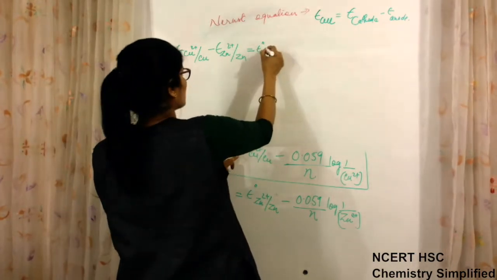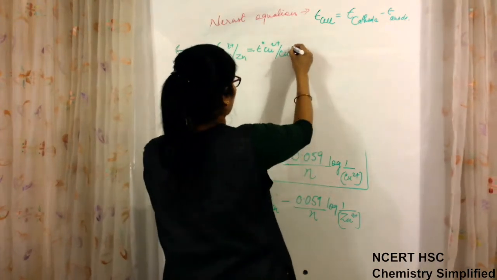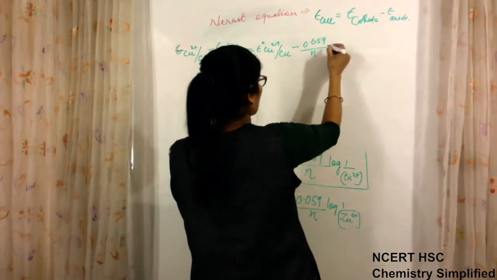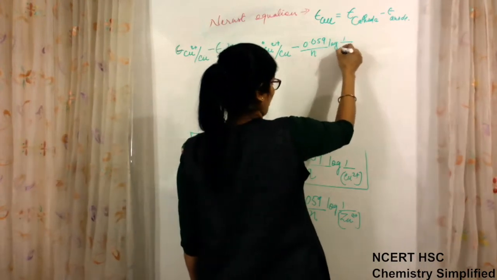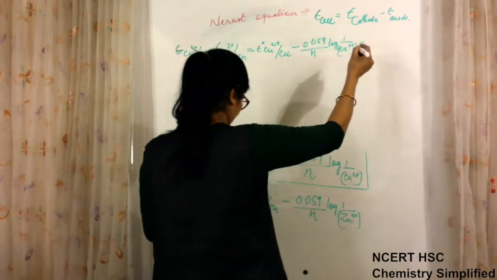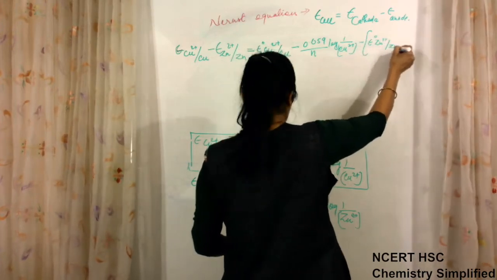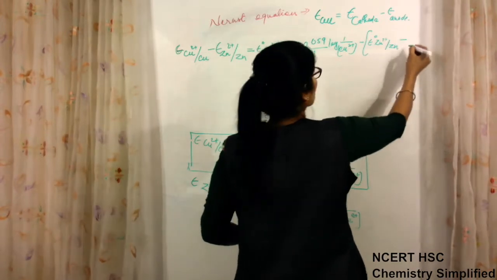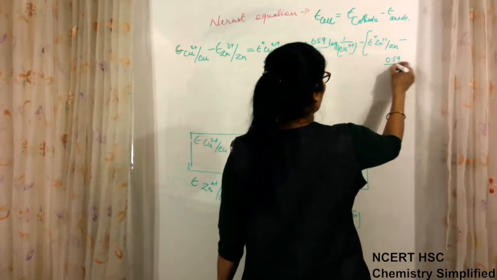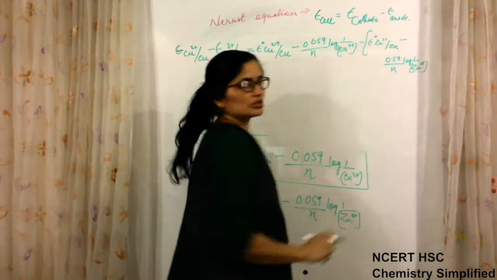So E standard Cu2 positive/Cu minus 0.059 upon n log of 1 upon Cu2 positive, minus this term, E standard Zn2 positive/Zn minus 0.059 upon n log of 1 upon Zn2 positive ion concentration. Is this visible?